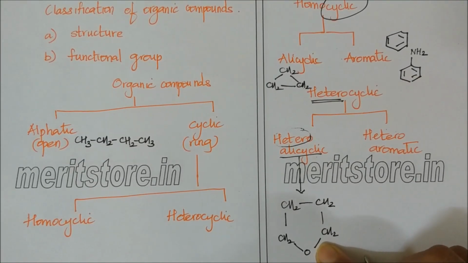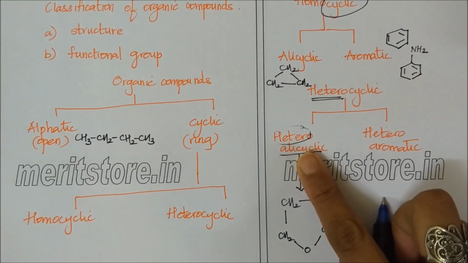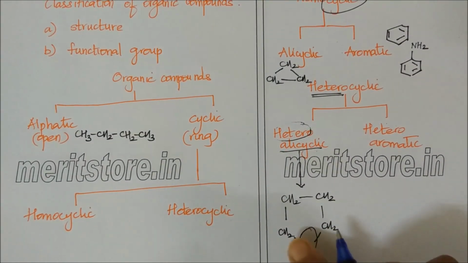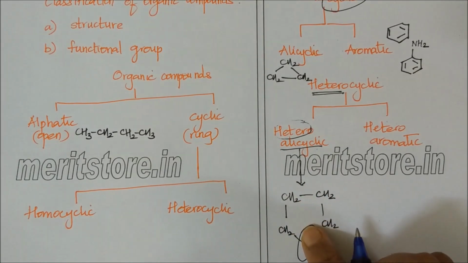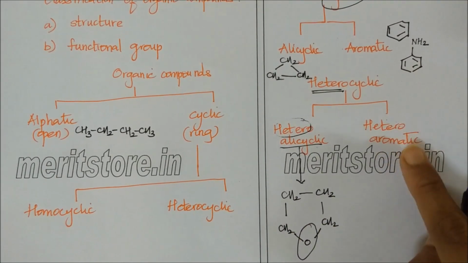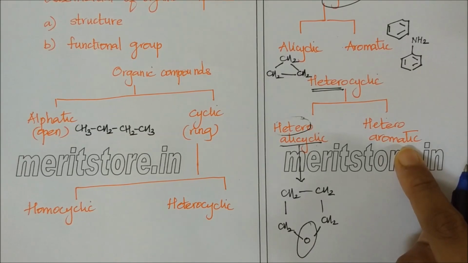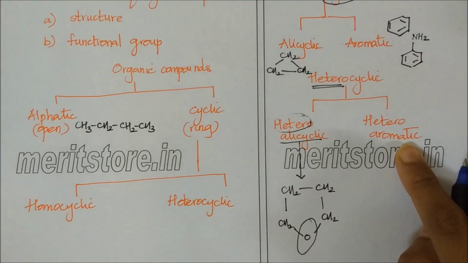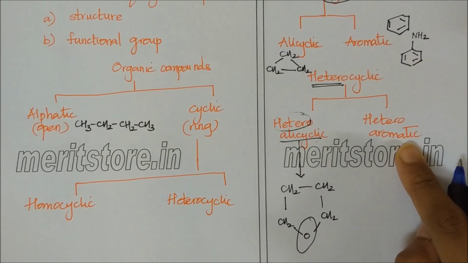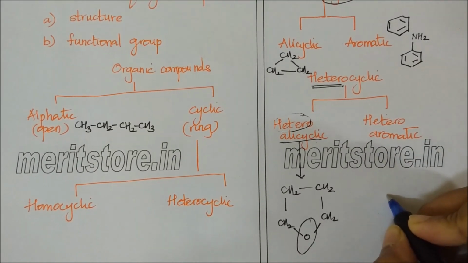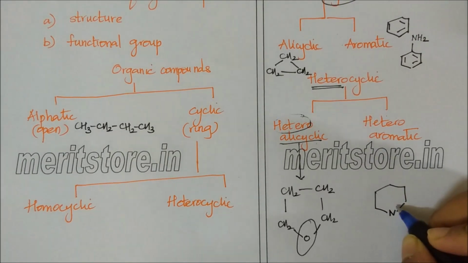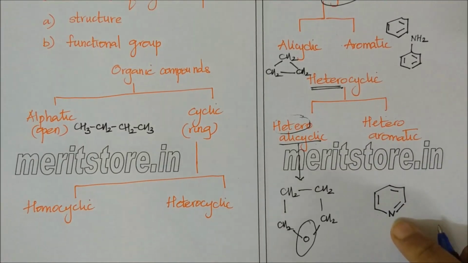It is a heterocyclic alicyclic compound because it consists of a heteroatom which is oxygen and there are only single bonds. A heteroaromatic compound would be a compound in which there are alternate single and double bonds and a heteroatom present. This example is pyridine.